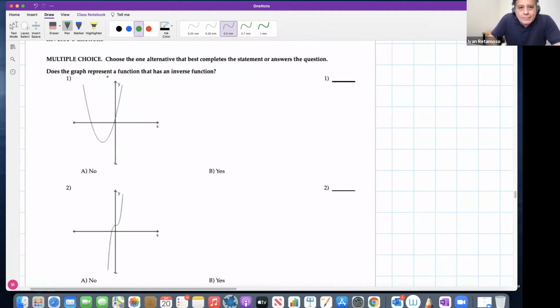So here in the first exercise, they're asking you, does the graph represent a function that has an inverse function? So hint, use the horizontal line test. So go ahead, please, and do this. Horizontal line test.